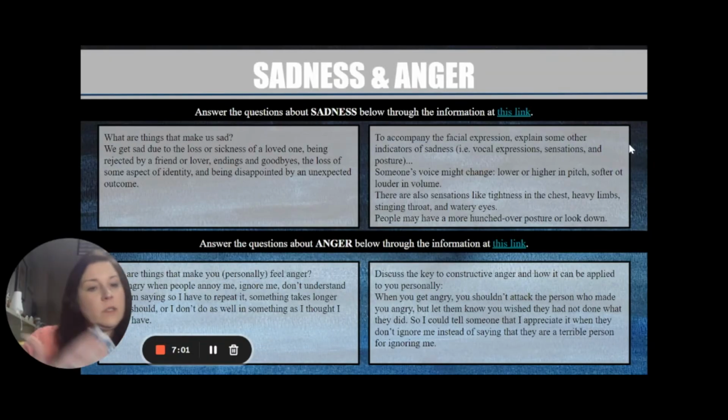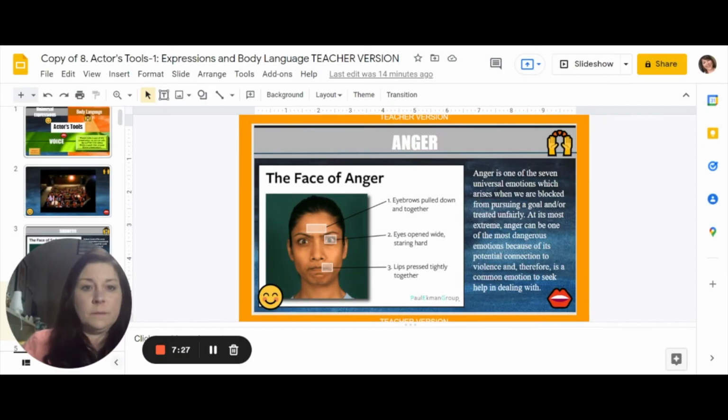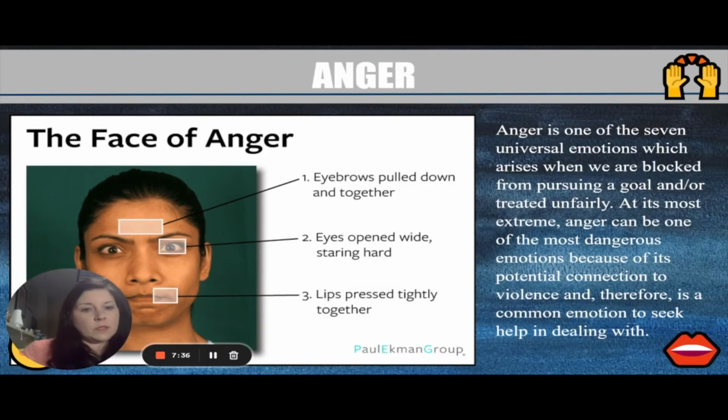They will read that website link and then come back over here and answer the questions. So again, your universal emotions are sadness and anger, and I'll show them all the pictures that go along with it. Then we'll move around the room feeling each level.